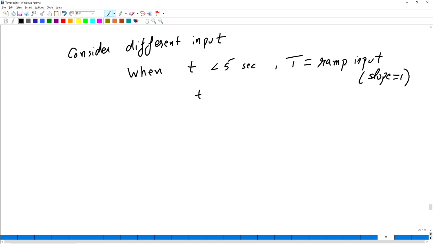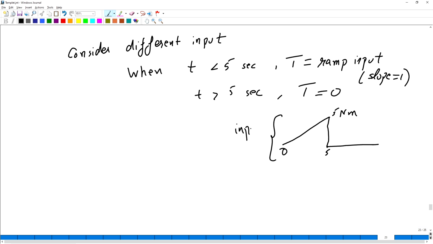When t is greater than 5 seconds, the torque is 0. What I mean by this is the torque is increasing linearly with time, and after 5 seconds it is 0. So here the slope is 1, and at 5 seconds it is 5 newton meters. This is the input instead of the step input that we did earlier.